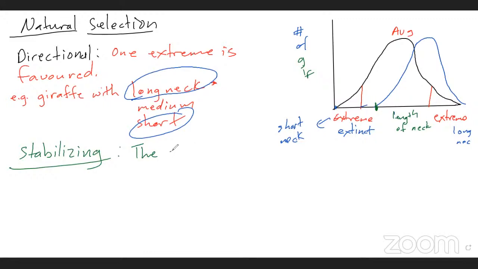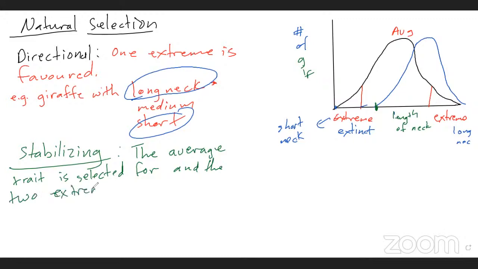I'm going to put the average trait is selected for, and the two extremes are selected against. All right. So what that means, all right, hold on.